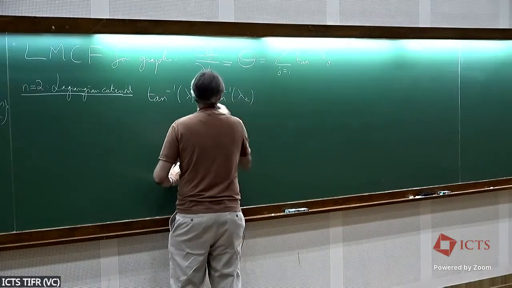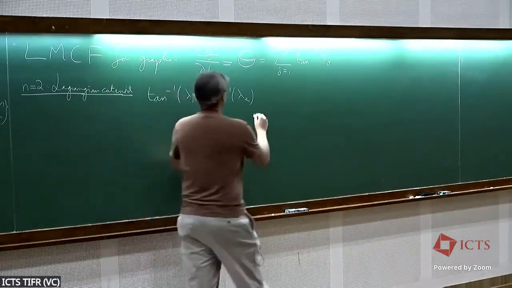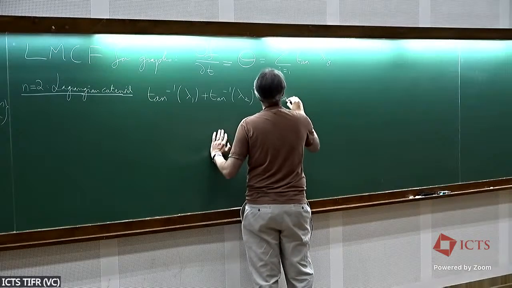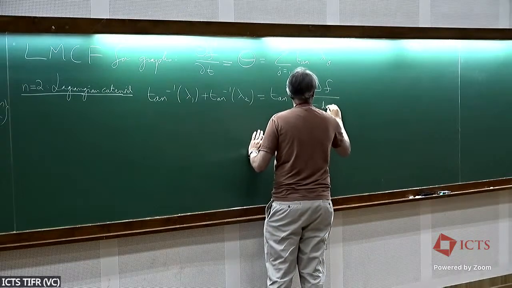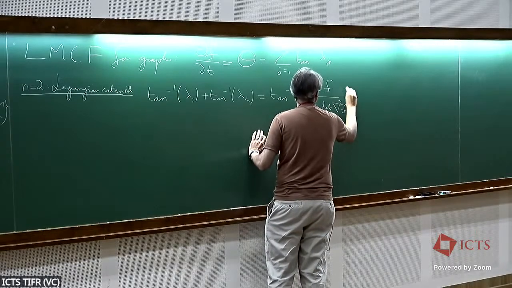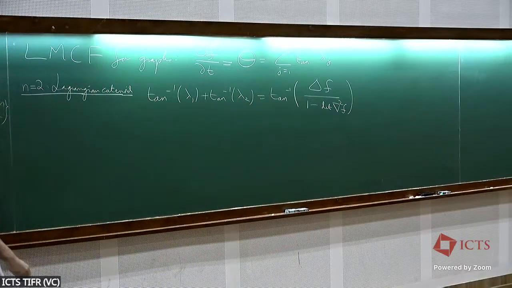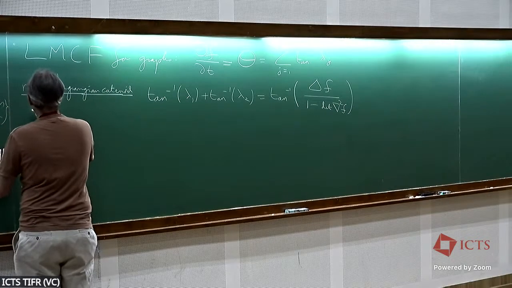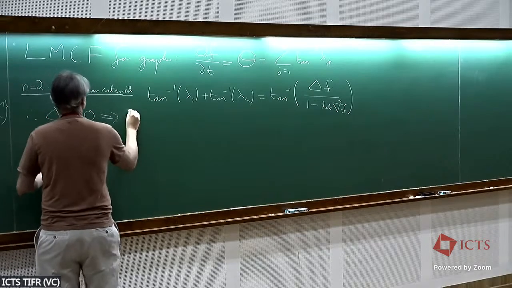If I do the arctan of lambda 1 plus the arctan of lambda 2, then that's the arctan of the Laplacian of f over 1 minus the determinant of the Hessian of f. So you can check that. And so you can see that if I choose my f to be harmonic, then it's going to be minimal, because theta is going to be 0. So therefore, delta f equals 0 will imply that theta equals 0.